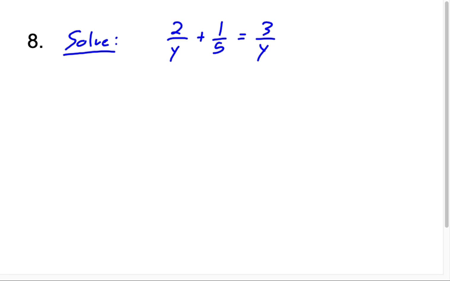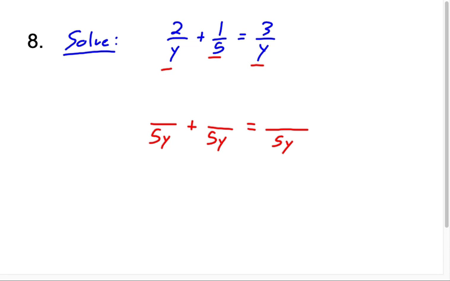The key here, again, is getting a common denominator throughout everything. So, assume we've all tried it. The common denominator between y, 5, and y is going to be 5y. So I would write out this whole problem, rewriting it so that it looks like such.